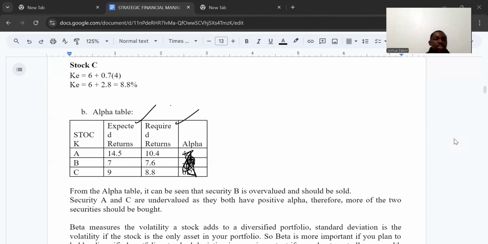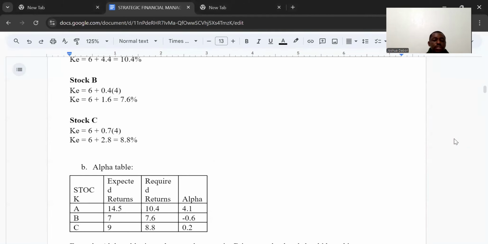I want to test your understanding of what I'm going to do. So let me hide the solution. I want you to tell me the security that is overpriced and the security that is undervalued based on this scenario.